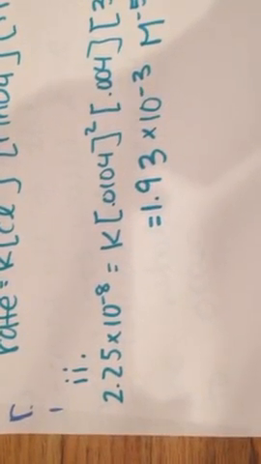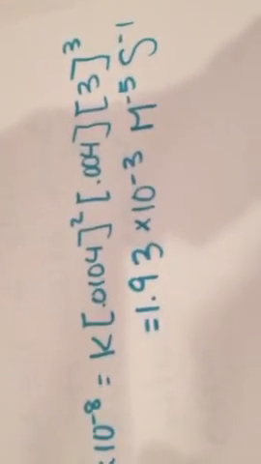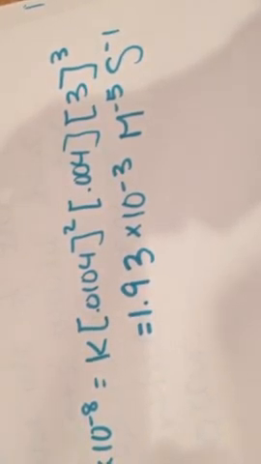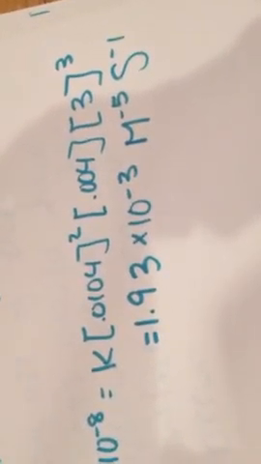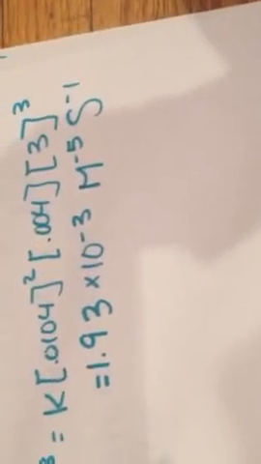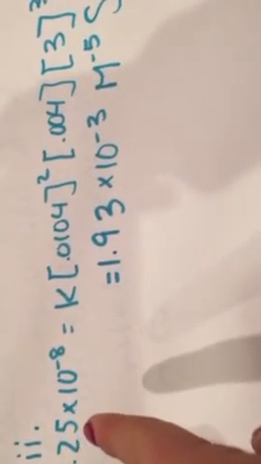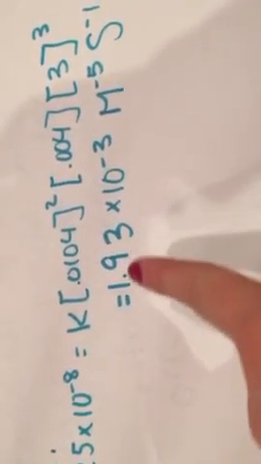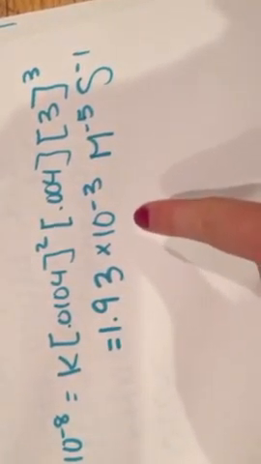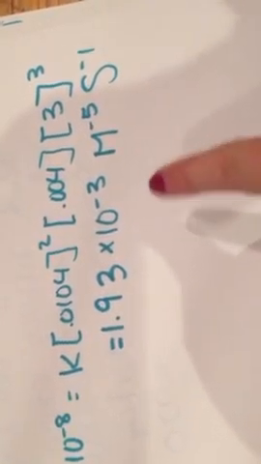So we're going to use the rate of 2.25 times 10 to the negative 8 equals k times 0.0104 to the second times 0.004 times 0.003 to the third, and when we multiply these all together and divide to get k by itself, that gives us k is equal to 1.93 times 10 to the negative 3 M to the negative 5 s to the negative 1.